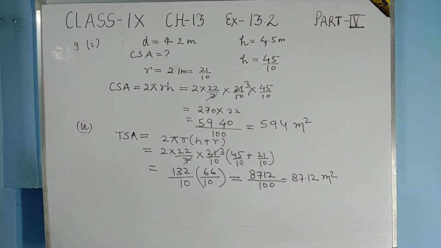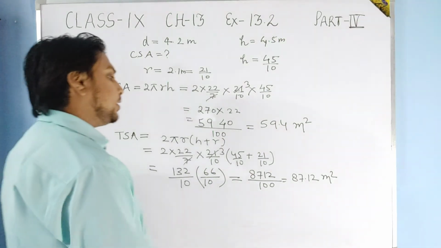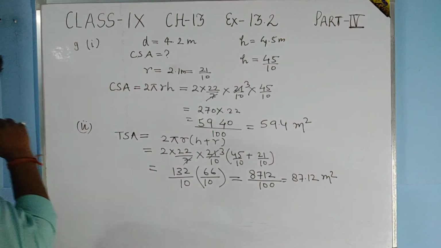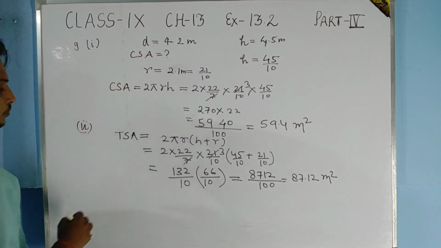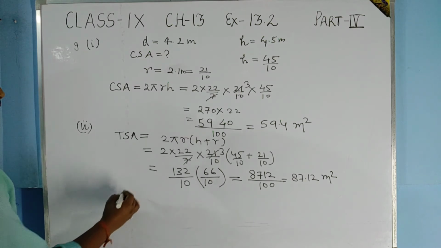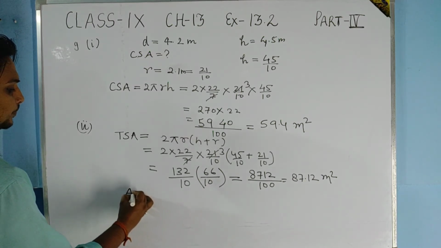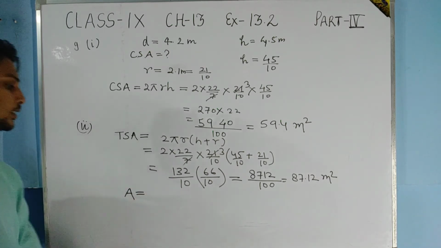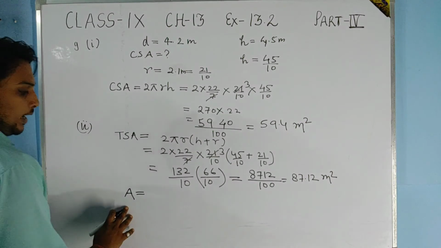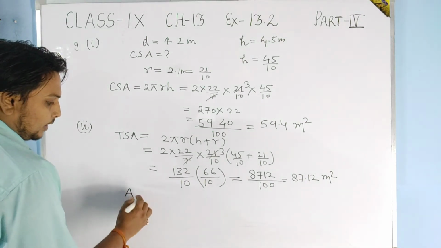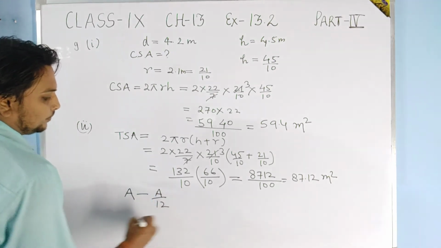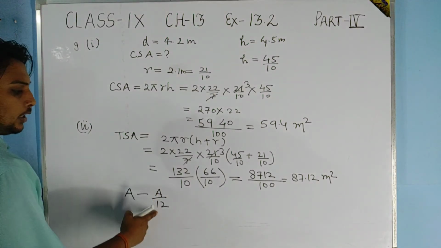The question is that 1 by 12 is wasted, means 1 by 12 of this area is wasted. Suppose the actual steel which is used to make this tank is A, and if someone says that 1 by 12 of this A is wasted, then it is A minus A by 12.